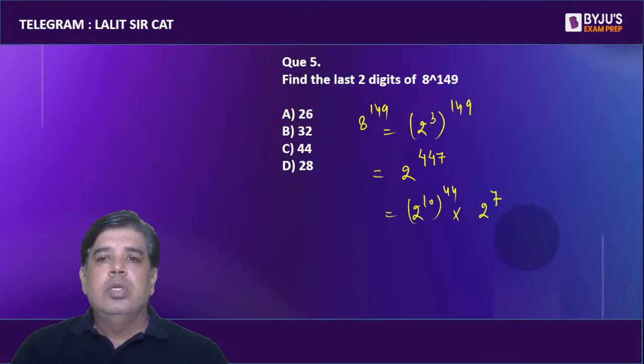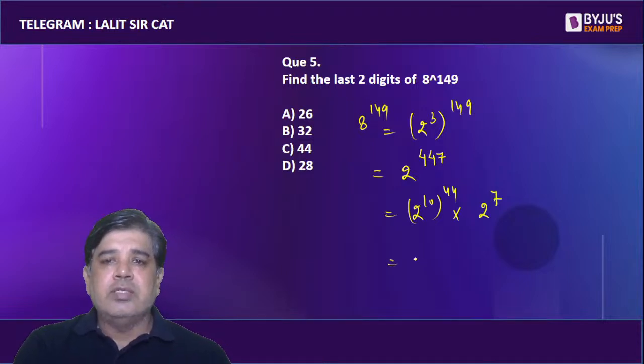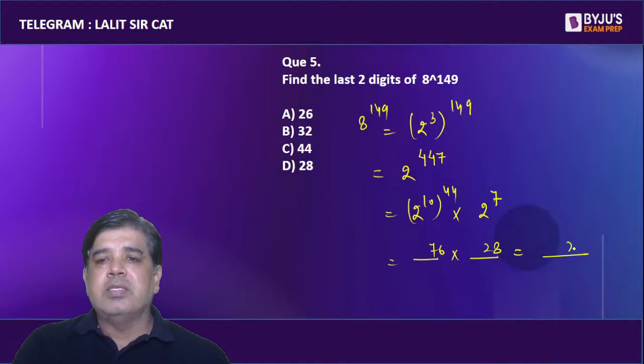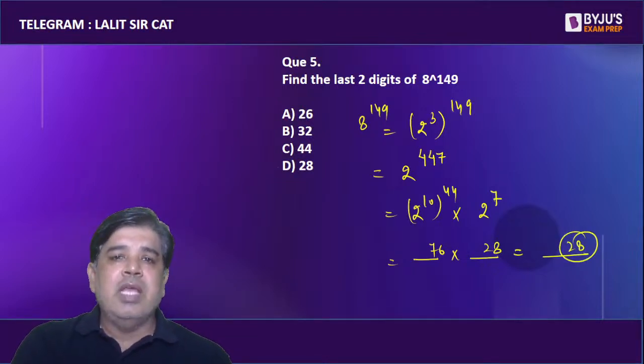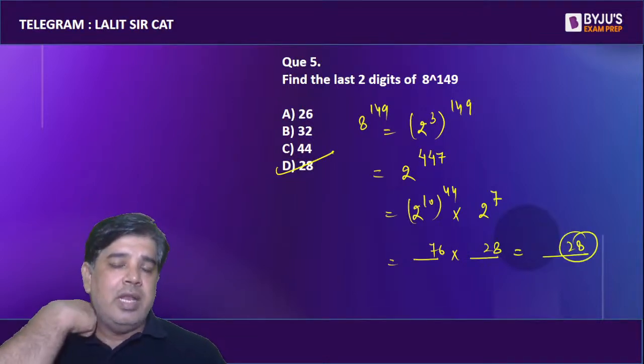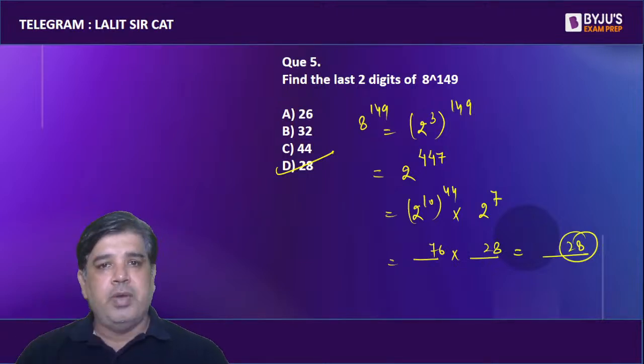So 44 is even, 76 and 2 raised to power 7 means the last two digits will be same as 2 raised to power the last two digits of 2 raised to power 7.